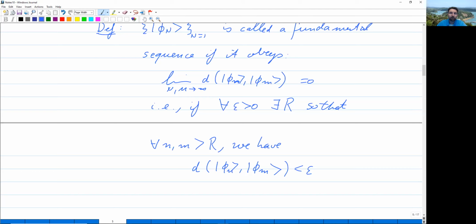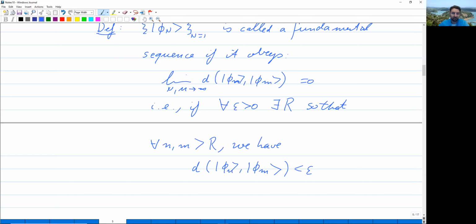So that's what we mean, of course, by sequences converging. That's the intuition for a sequence to converge: subsequent elements of the sequence get closer and closer together. This is what convergence is supposed to mean.